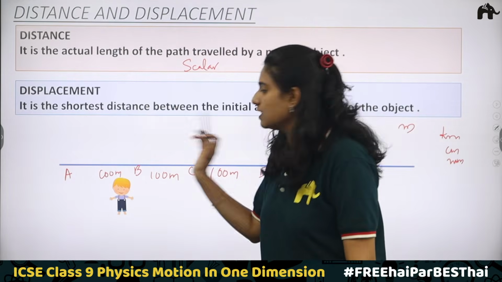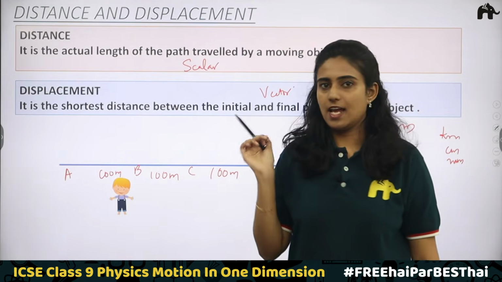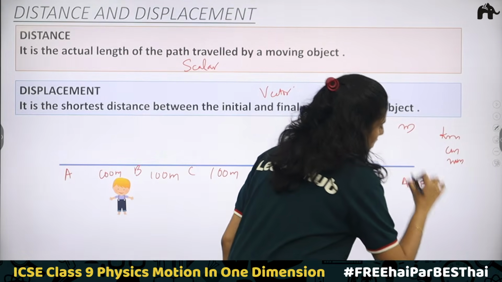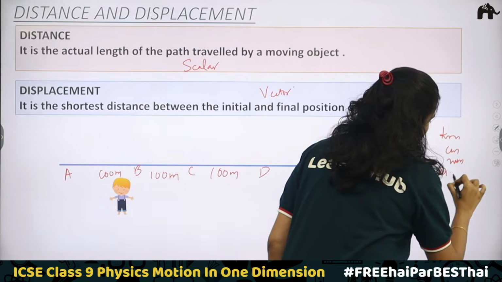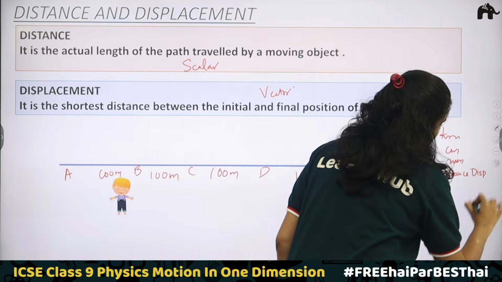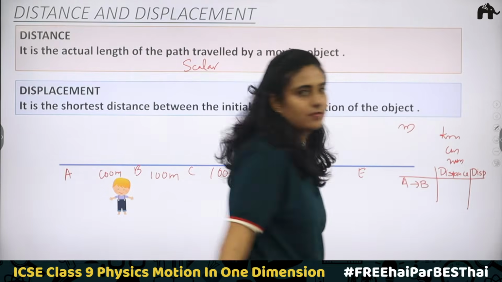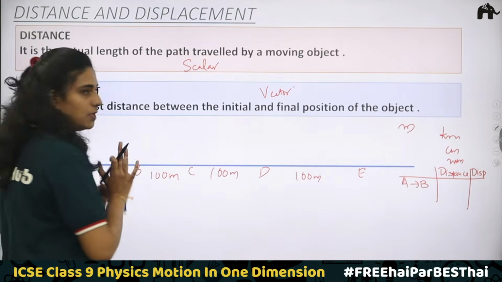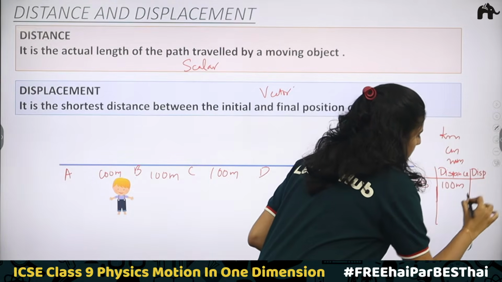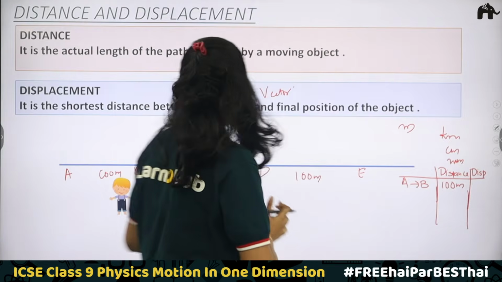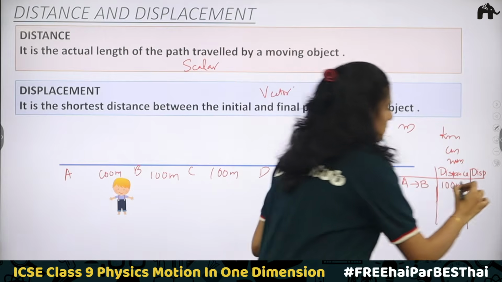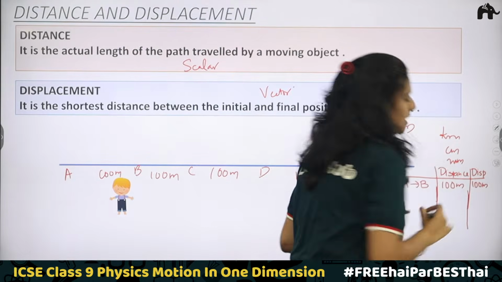When he reaches B, what is the distance and displacement? A to B, 100 meter he has travelled, so the length of path travelled is 100 meter. This is the distance. What about displacement? The shortest distance between A and B is also 100 meters. So the displacement will be 100 meters.